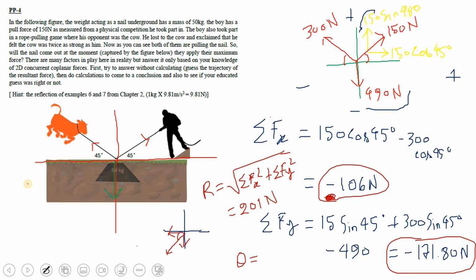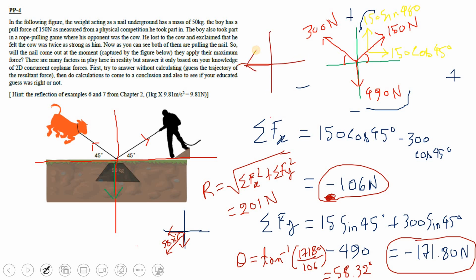So tan inverse, since we're measuring the angle from the horizontal, it's going to be 171.80 divided by 106, which comes out to be 58.32 degrees.